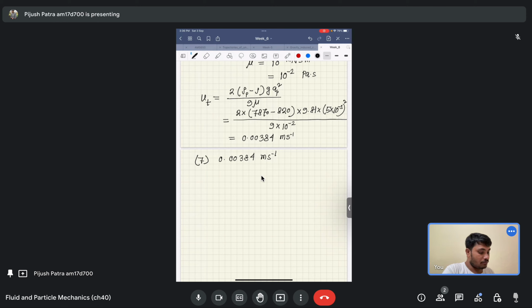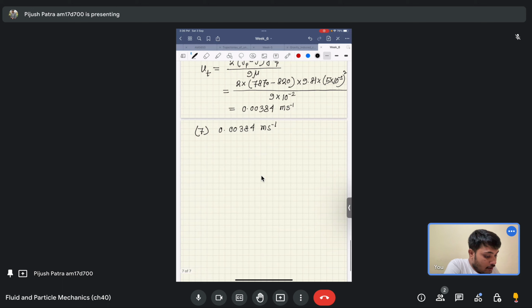Here we will calculate the Reynolds number based on the particle diameter. This is very important. Let me write it down.